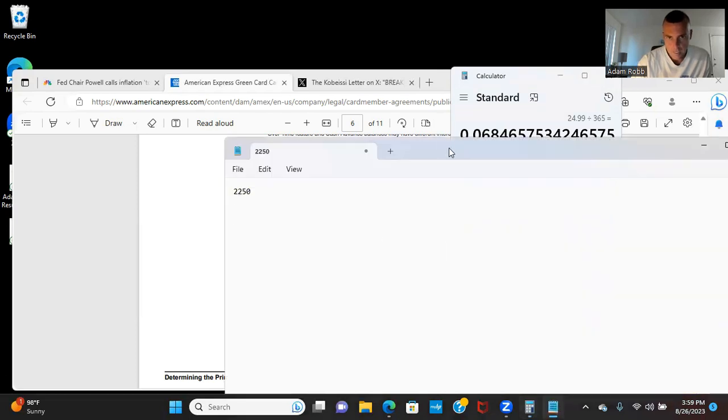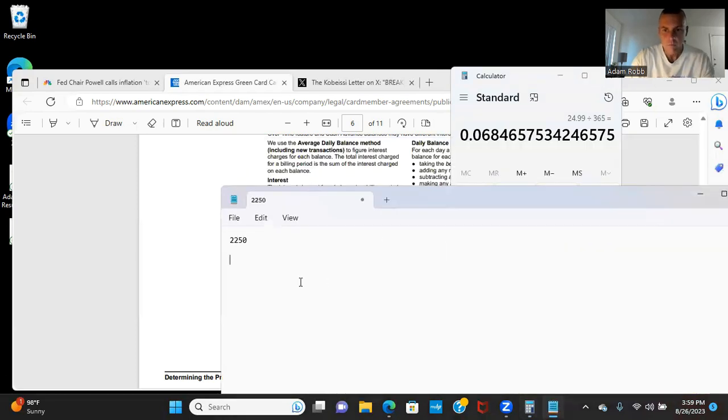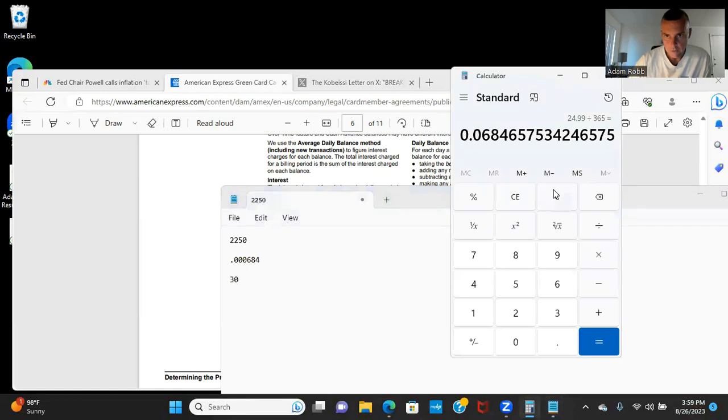So we'll put that into decimal form here, 0.000684, and 30 days in the cycle. So let's do this calculation and see what the interest would be.